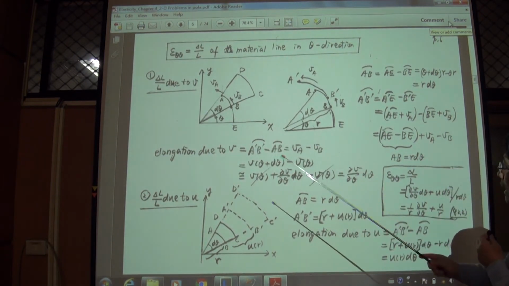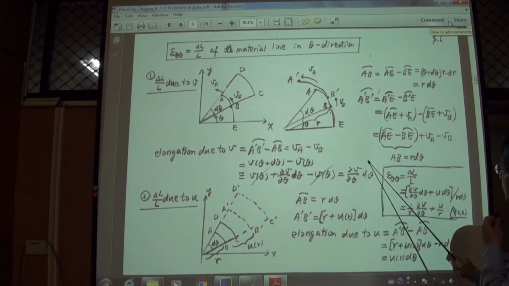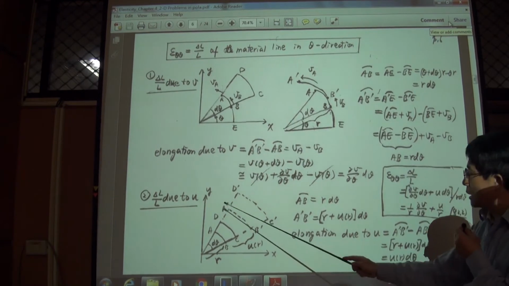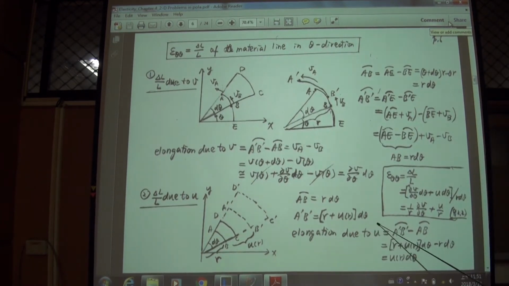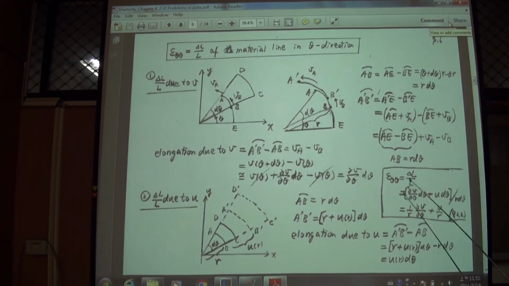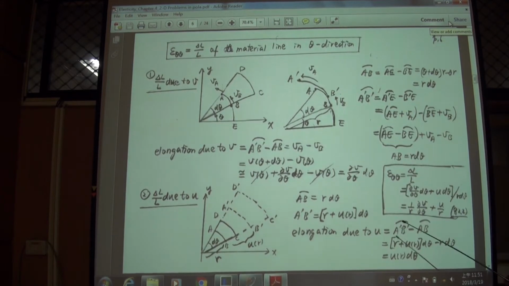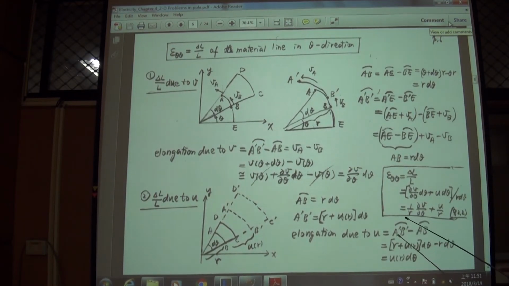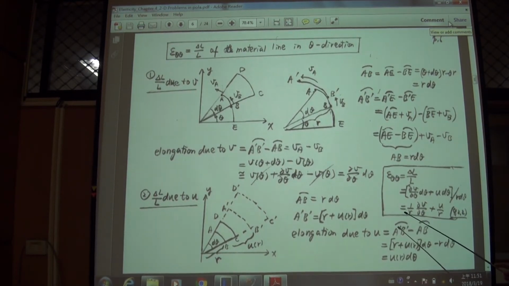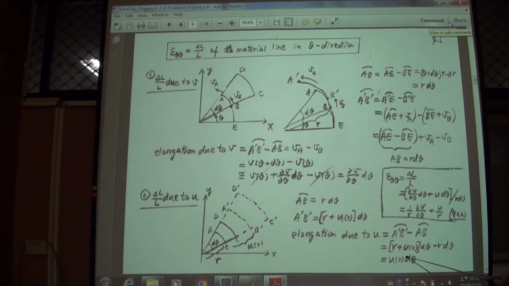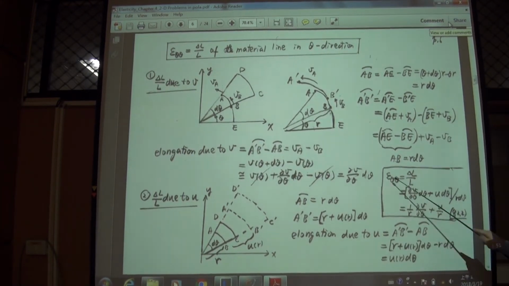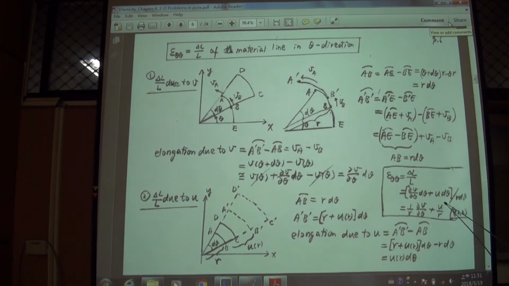One is the elongation due to V, which is this. Another one is the elongation due to U, which is this. So we sum up these two terms.